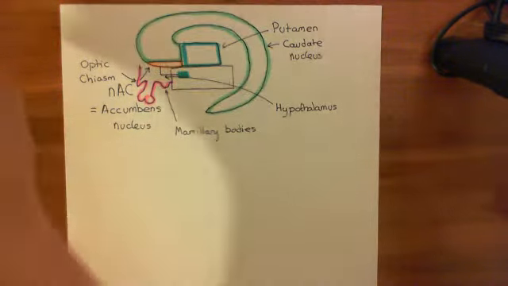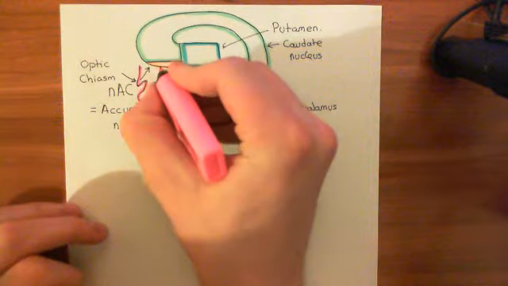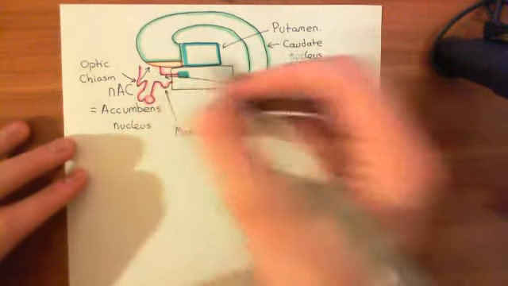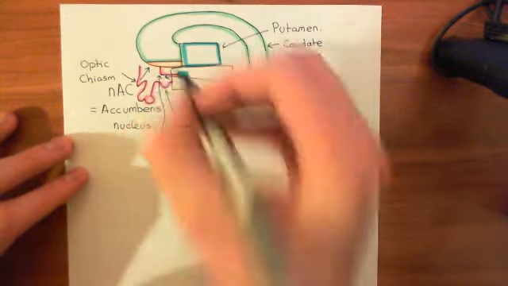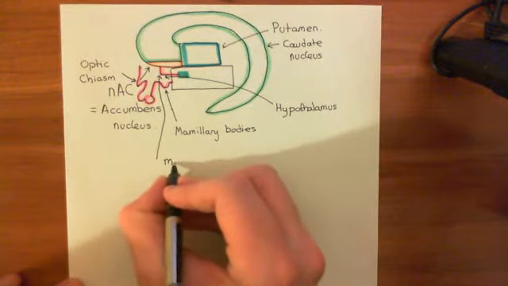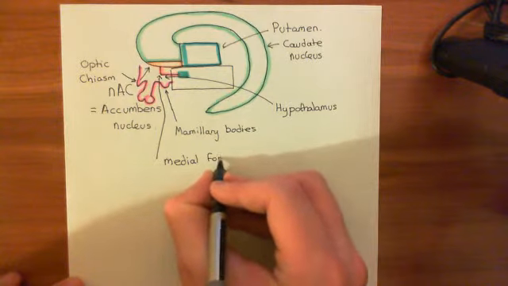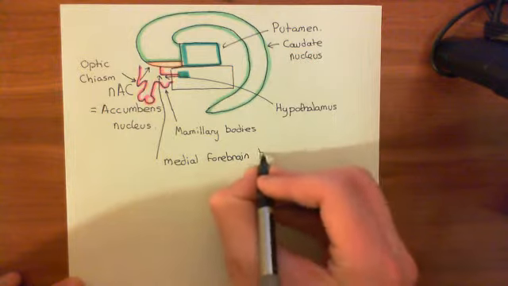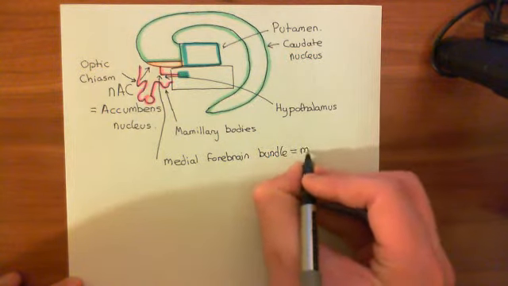Okay, so it's sending these fibres to the nucleus accumbens here, and this anatomical bundle of fibres, which I will highlight in pink. This bundle of fibres here is what's known as the medial forebrain bundle. These fibres travel in the medial forebrain bundle into the nucleus accumbens. The medial forebrain bundle is often abbreviated to MFB for short.